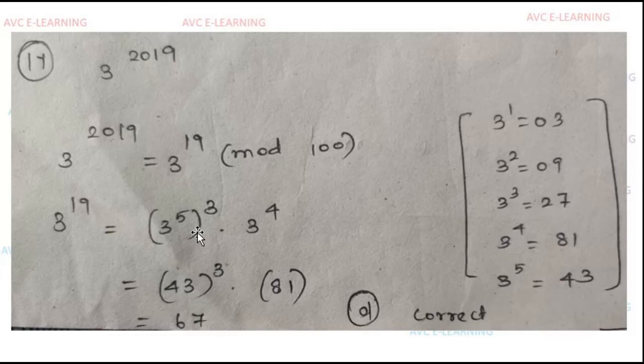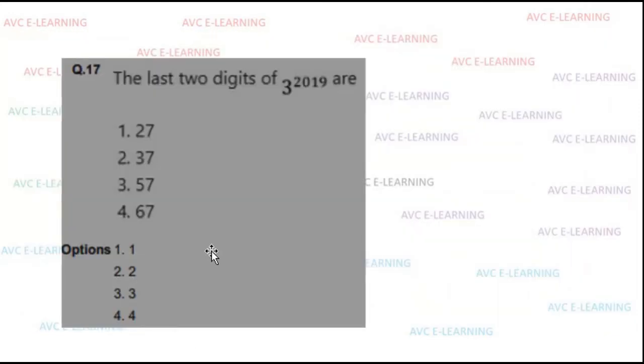So 43 power 3 into 3 power 4, whose last 2 digits are 81. The product of these two gives 67. So the last 2 digits of 3 power 2019 are 67. So option D is correct for this question.